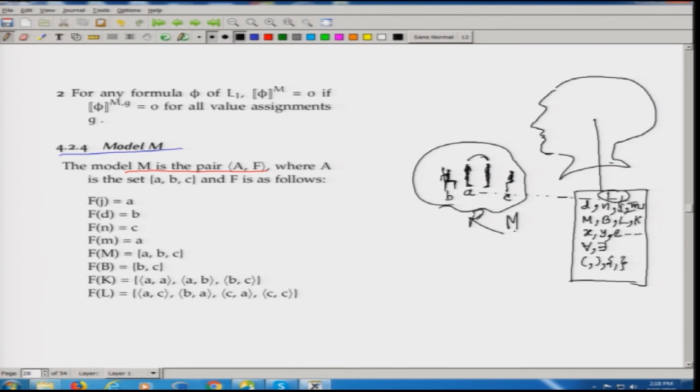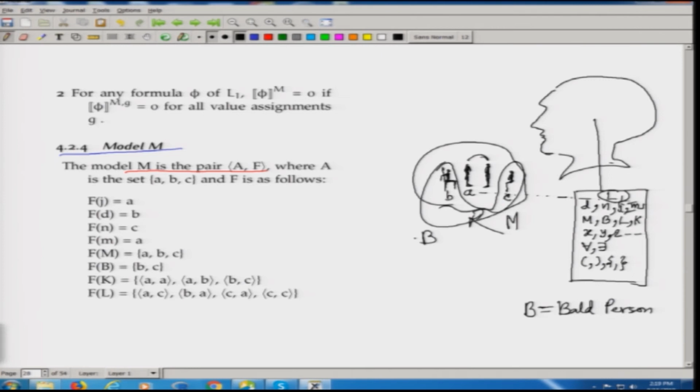So, we just reinterpret B as bald person. So, then B and C are bald.